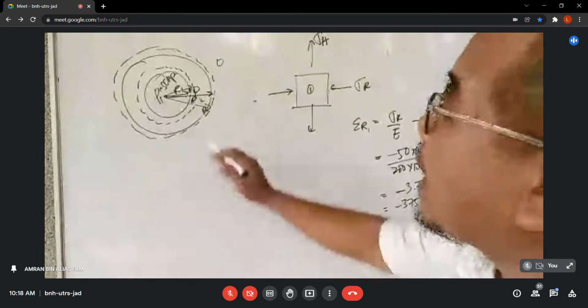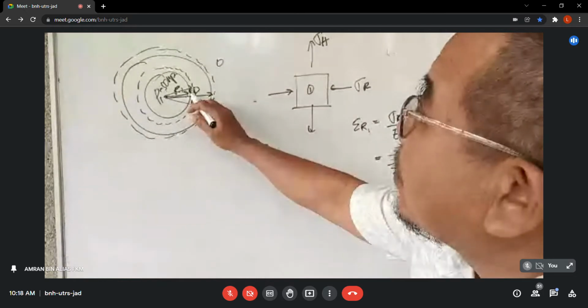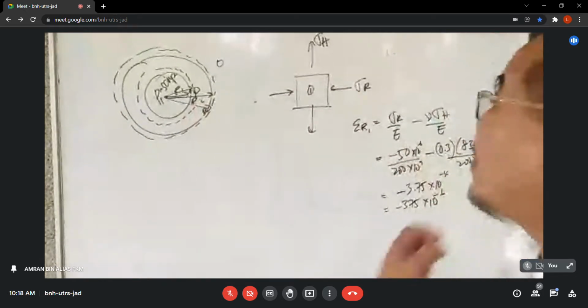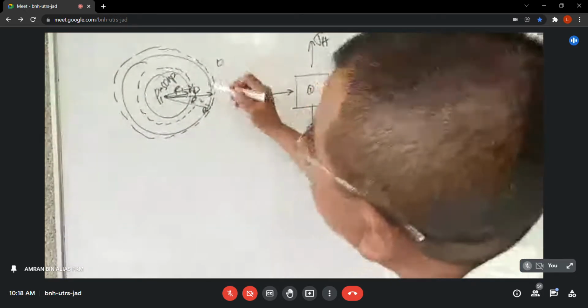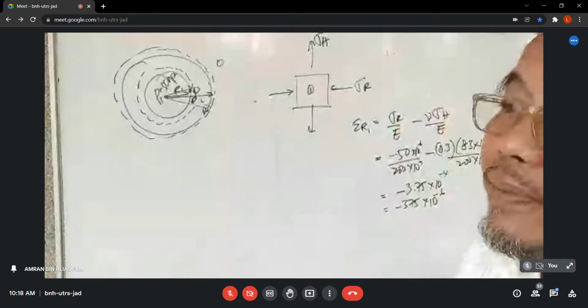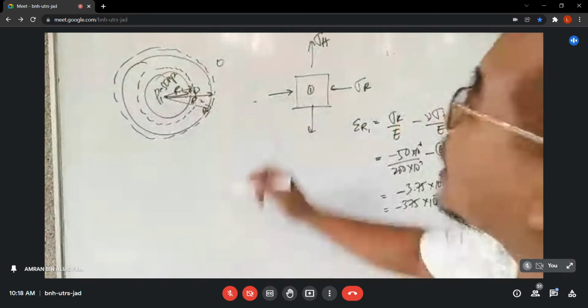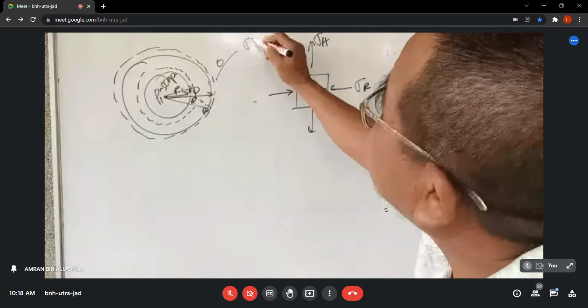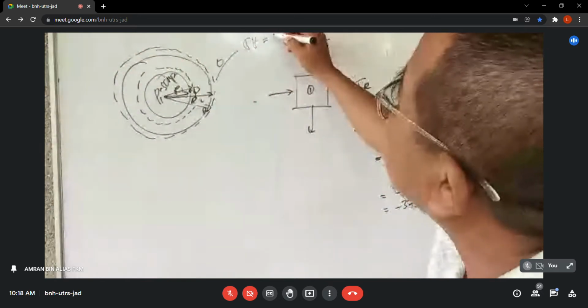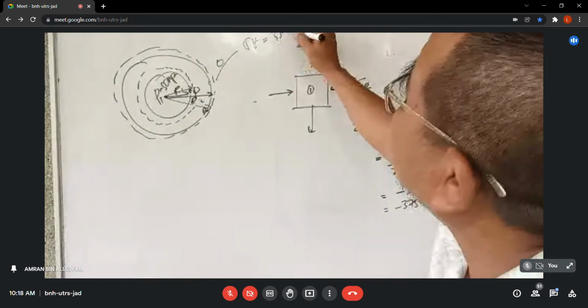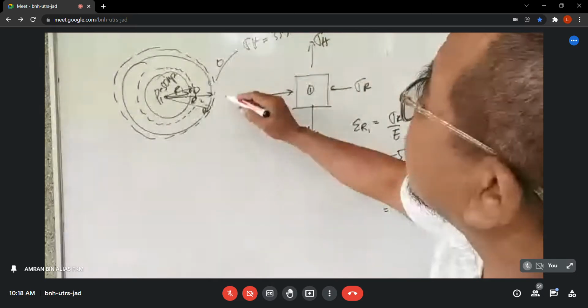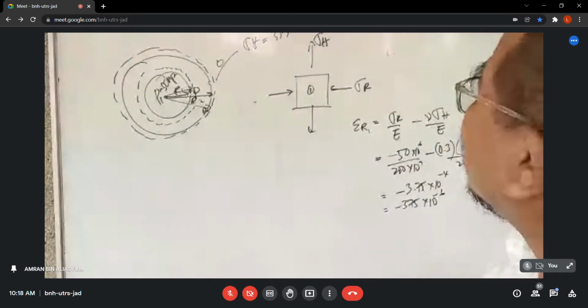So can we find the strain outside there also? Also can. Let's say the value here is sigma H 33.3 and sigma R is 0.